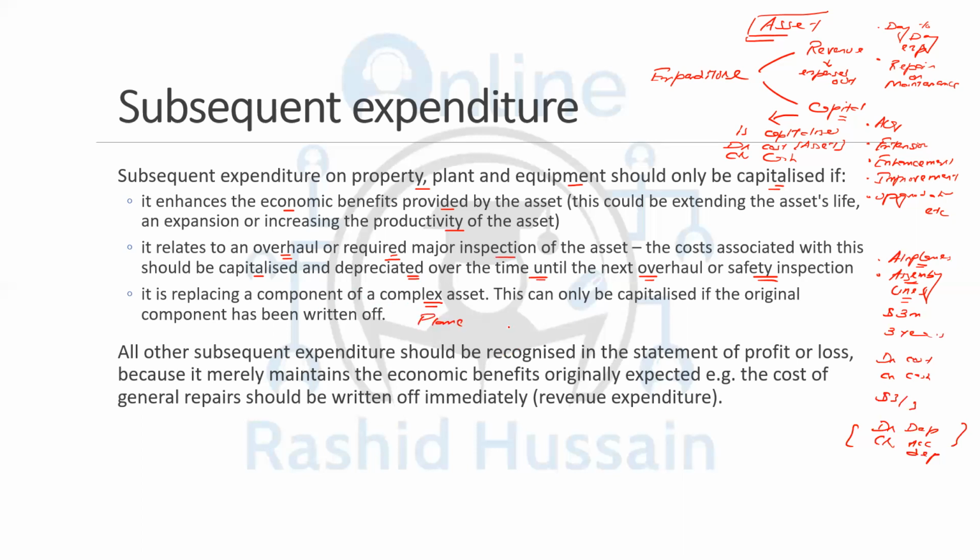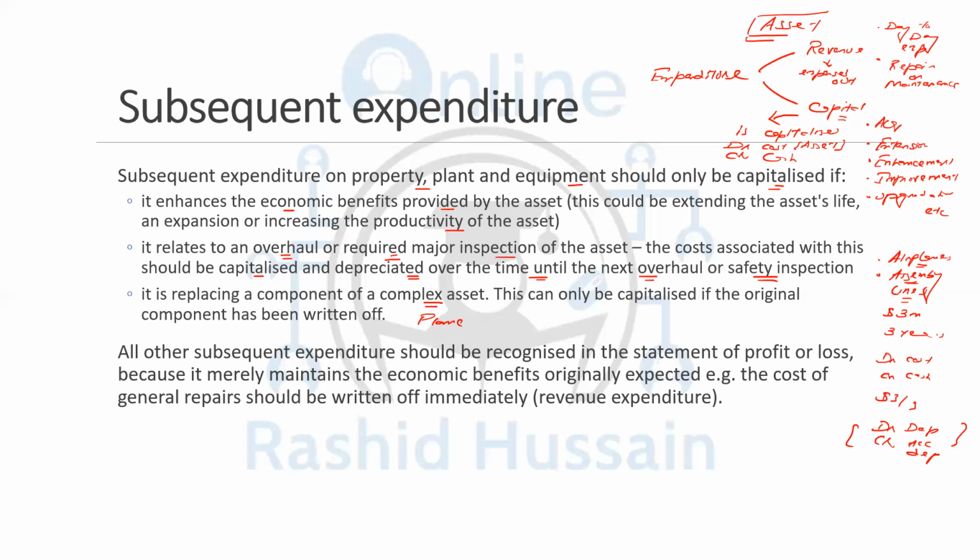In the plane, there are engines, interior, exterior, wings, navigations. Everything is having a different useful life. Sometimes you see a plane and one time you're sitting, there's a different seating arrangement. Another time when you're visiting, you see a different seating arrangement. So they have changed the interior and the rest of the plane remains the same.